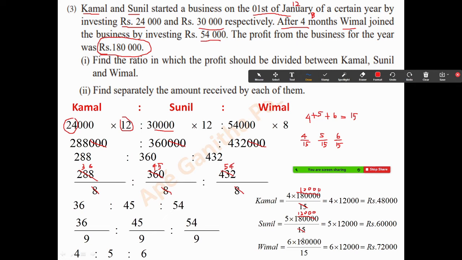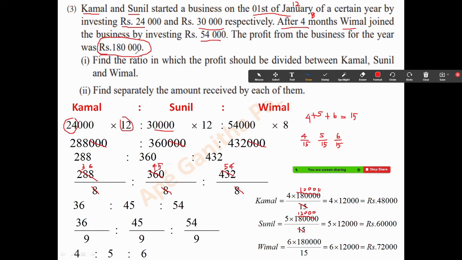If you simplify, you will get 12,000 like the previous one. So 12,000 into 6. Write these 3 zeros. 12 into 6 is 72. So the answer is 72,000.